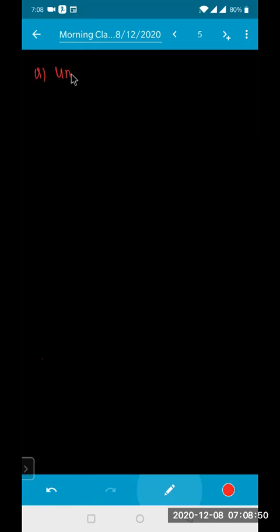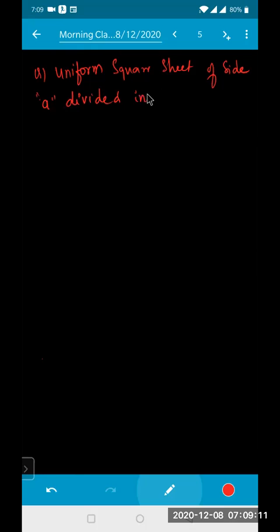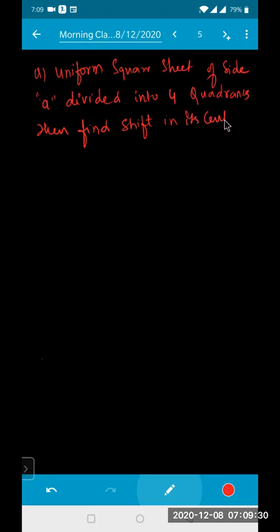We have a uniform square sheet of side a divided into 4 quadrants. Find the shift in its center of mass.